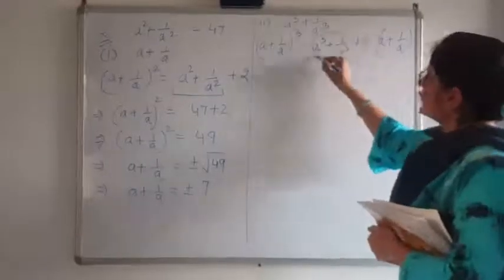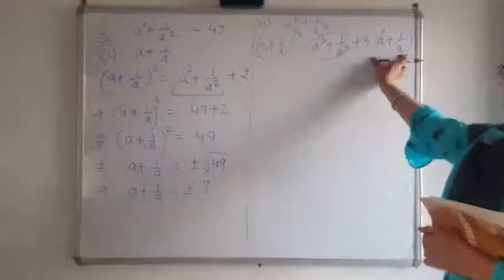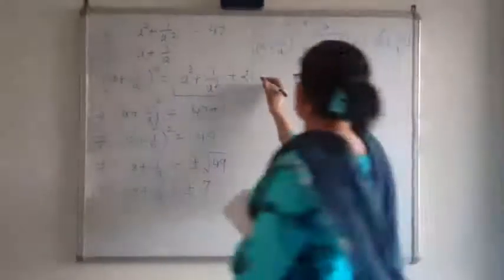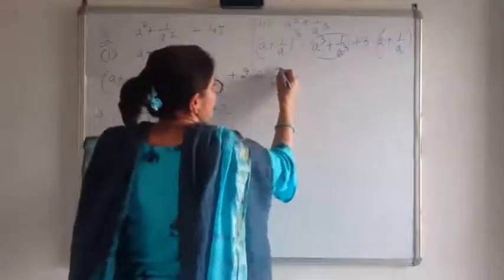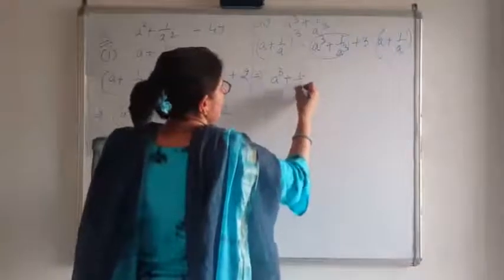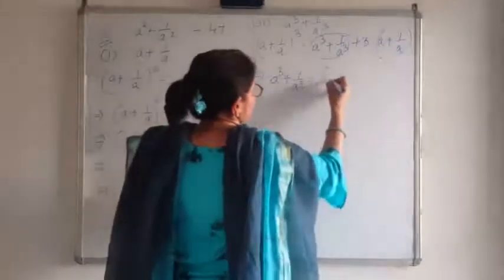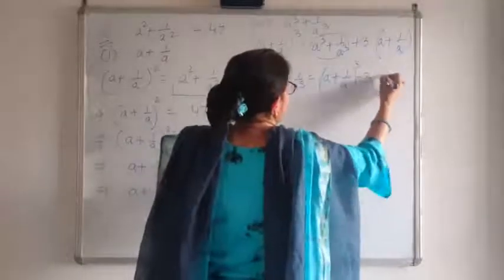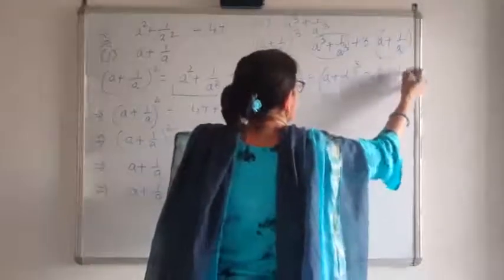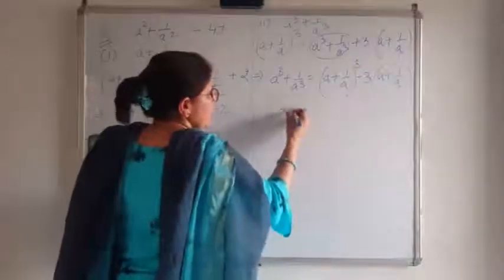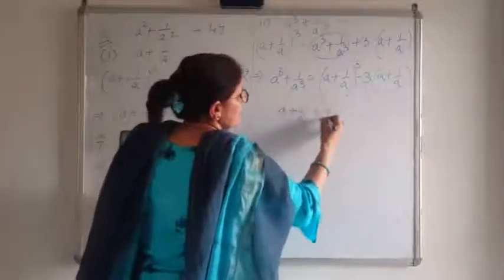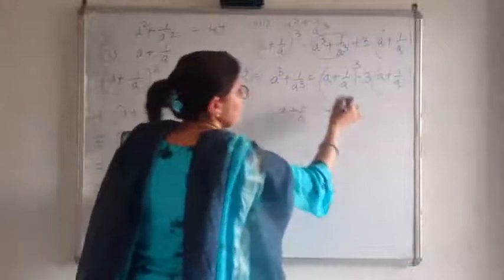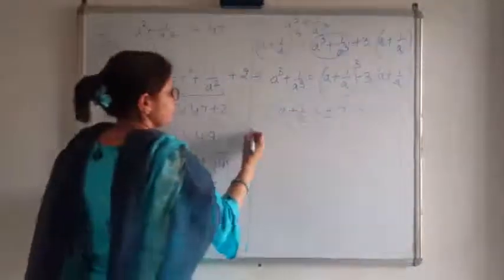This value you have to find. So what will we do? We shift this term to the other side. So a cube plus 1 over a cube equals (a plus 1 over a) whole cube minus 3 (a plus 1 over a). Now we substitute a plus 1 over a as plus minus 7.